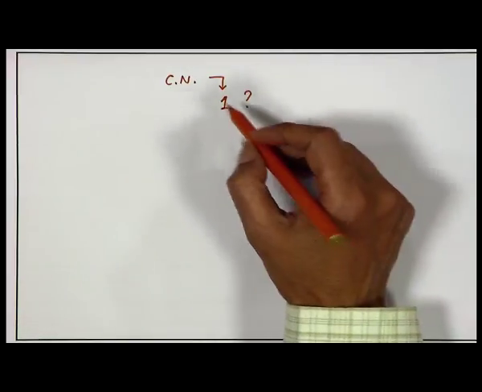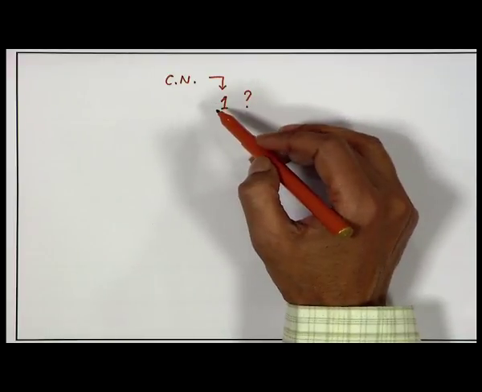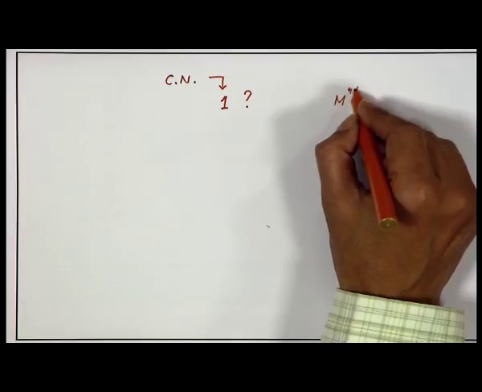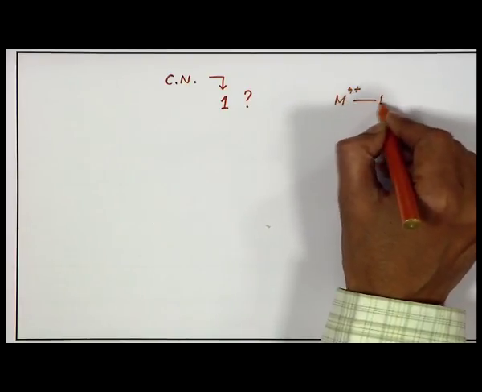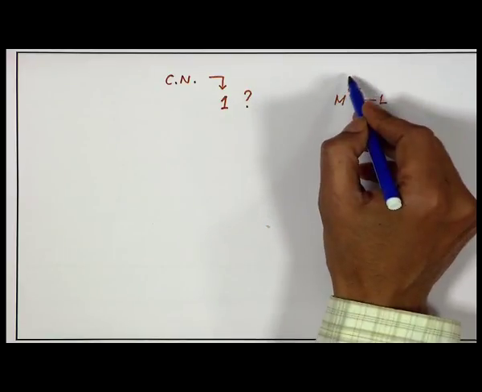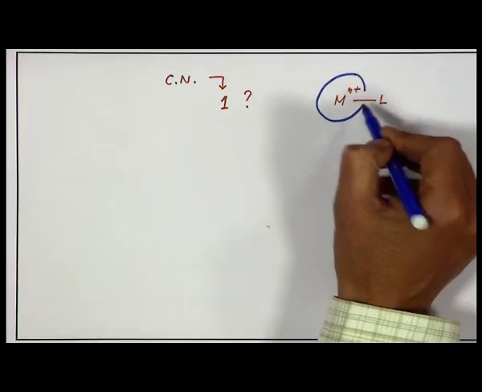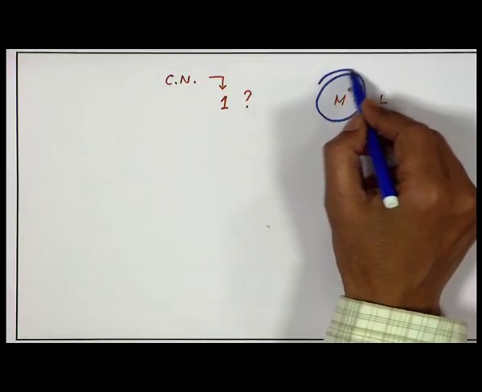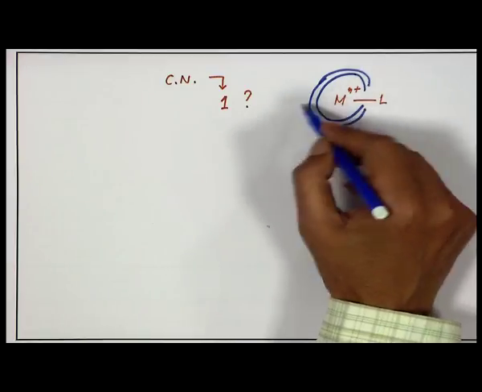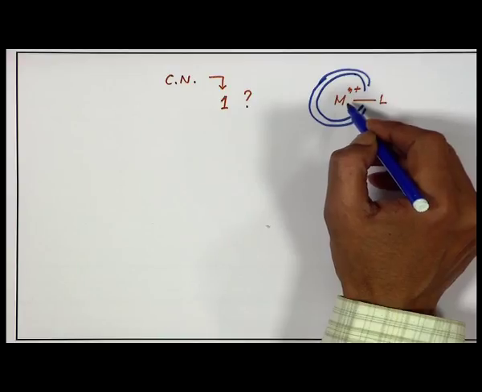That means, if we have a metal ion M n plus, we can show one interaction with that particular ligand. Your metal ion is basically trapped and it has no other donor groups available to coordinate to the metal center.